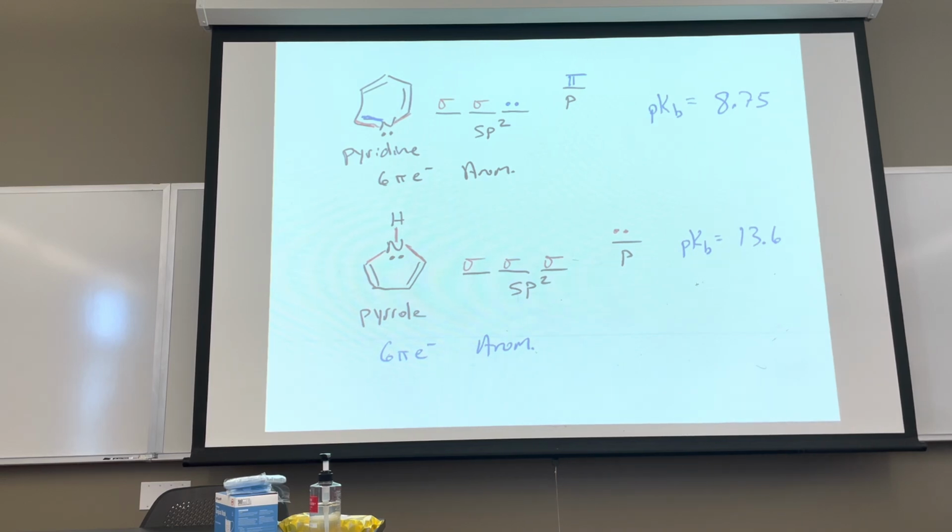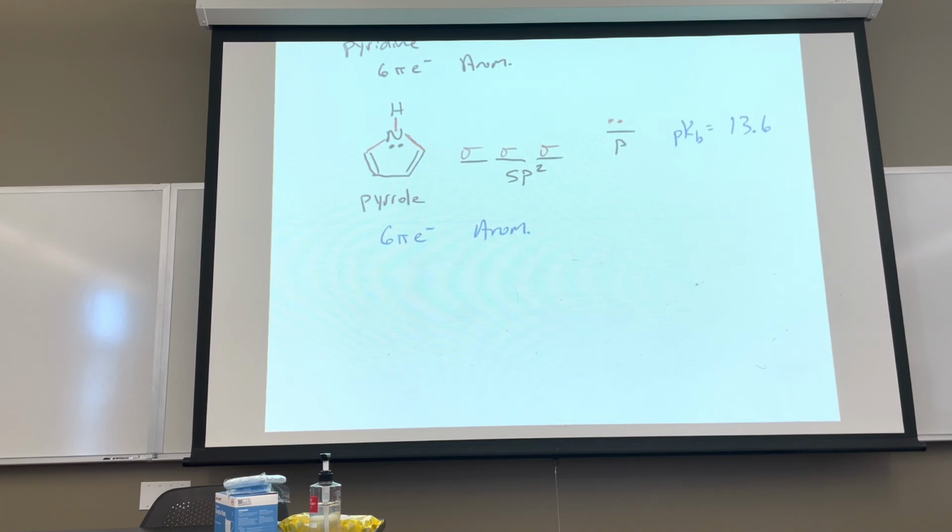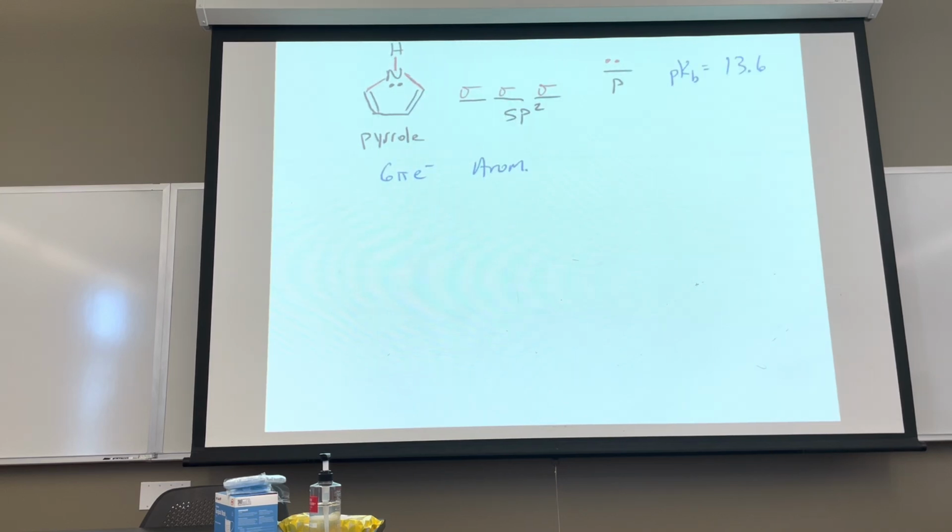Well, let's have a look. Let's see what they look like when they both act as a base, when they both grab a proton. So pyridine looks like this in its neutral state. If you protonate it, it looks like that.